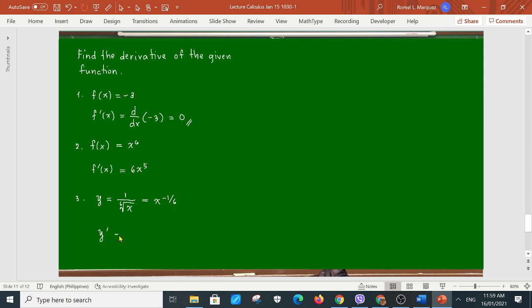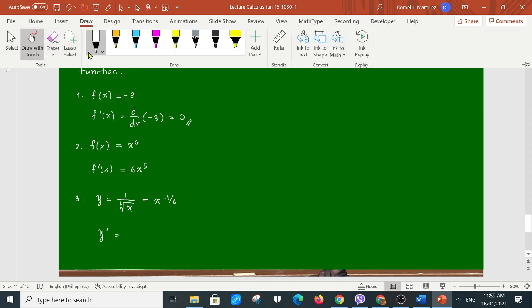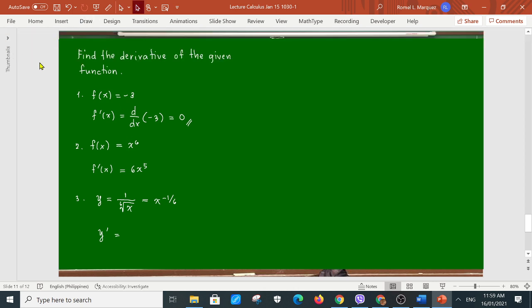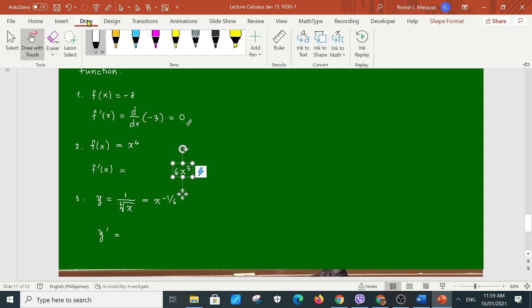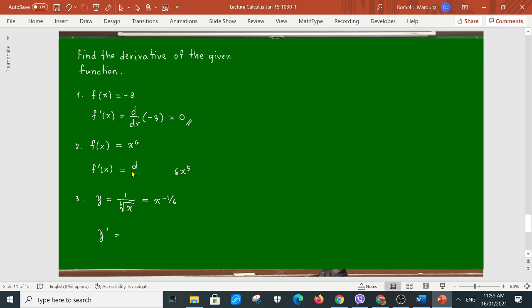So y prime equals, if you want to be specific, you write first the derivative with respect to x of x to the negative 1 over 6. What's the derivative, guys?